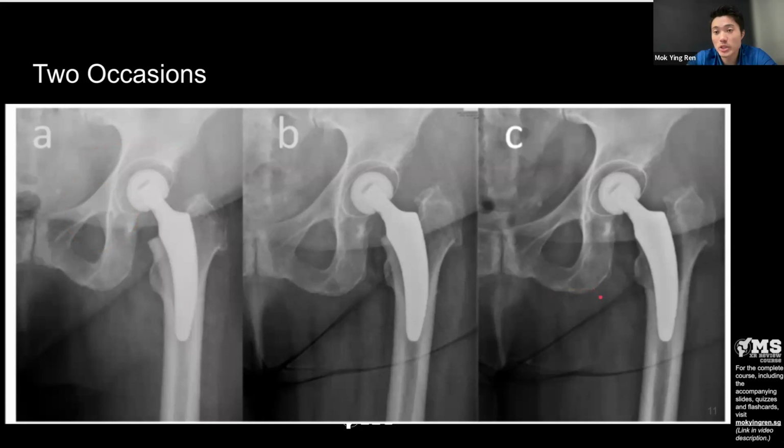And now we have the opportunity to compare two occasions, right? Look at this. There's an area of lucency around the lateral aspect of the implant as compared to the original X-ray, right? So with this X-ray, we can then diagnose periprosthetic loosening, for example.